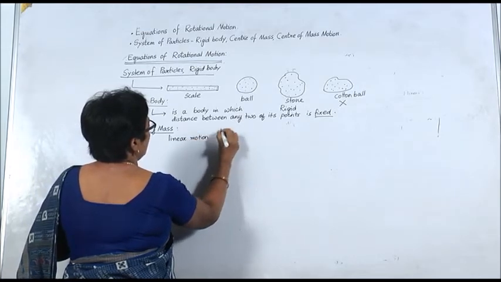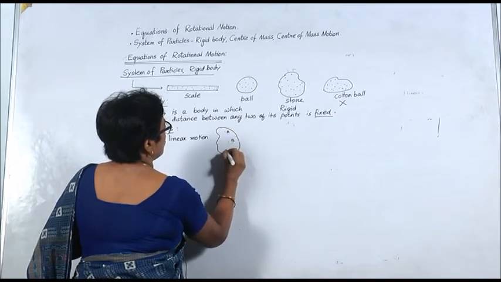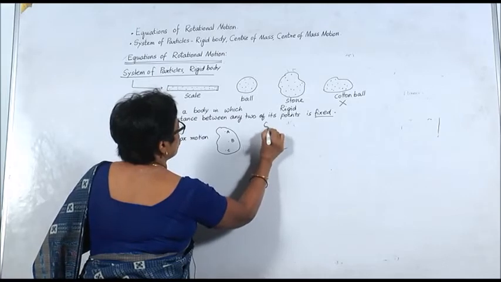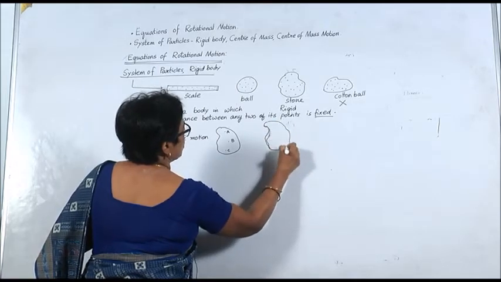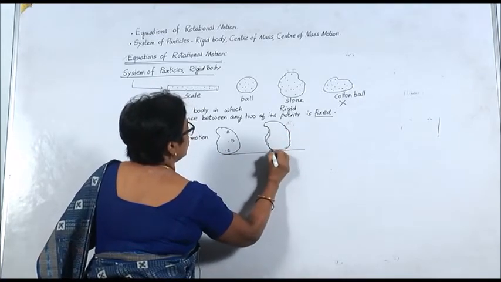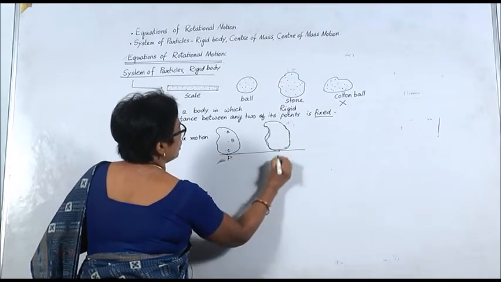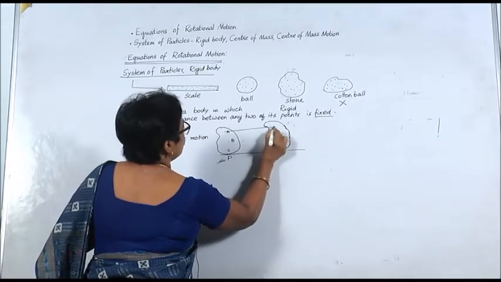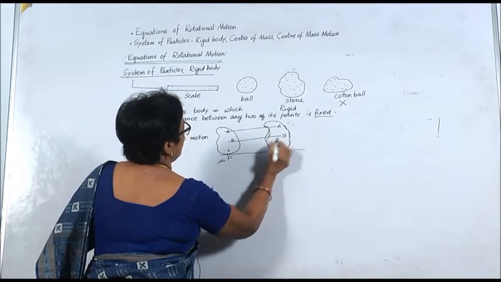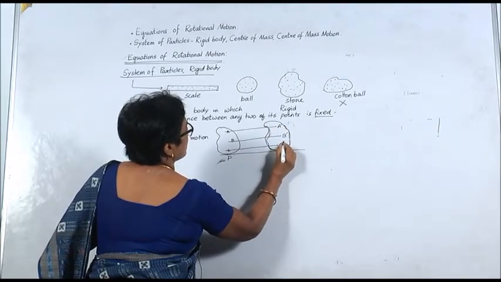For example, if this is a body, if I take 3 points A, B, C, I must draw the same shape because the shape does not change. So if it moves from P to Q, then A has moved through a distance A to A dash, B has also moved through the same distance B to B dash, C has also moved through the same distance C to C dash.